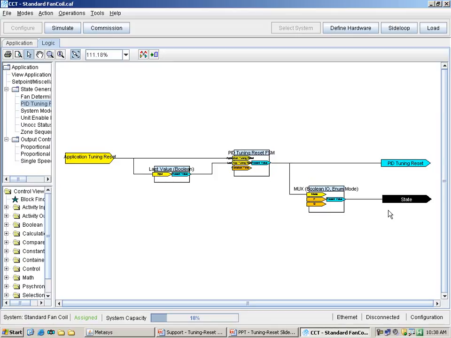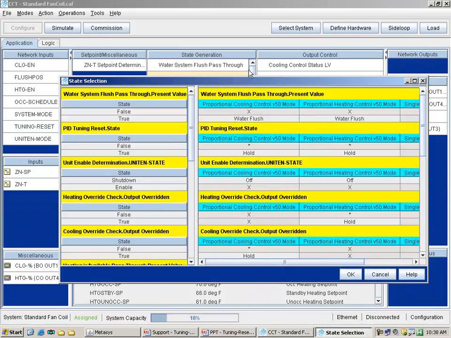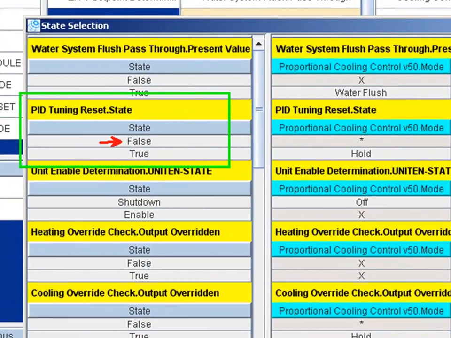But first, let's look at the connection to the state table. So I'll view the state table. And if we locate the state generator that's known as PID tuning reset, we can see that it has either a false state, which means we're not doing tuning reset, and you can see there's an asterisk next to our output control modules, which means nothing will happen because of this state.